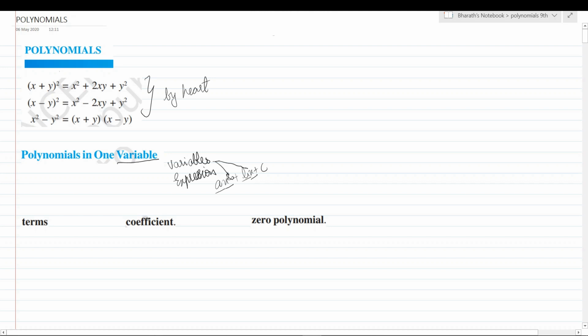This a and b are coefficients. Anything besides the variable is called a coefficient.